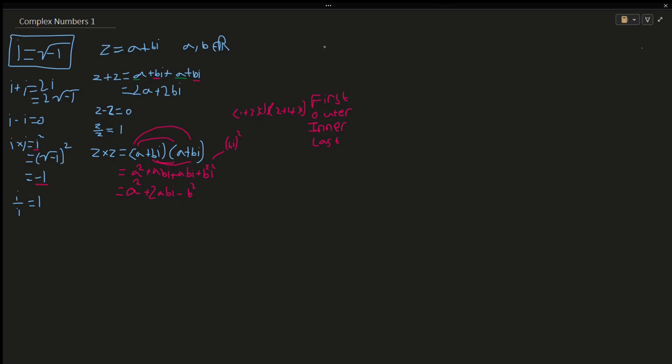So we can also have another identity known as the conjugate, right? This is similar to irrational numbers.